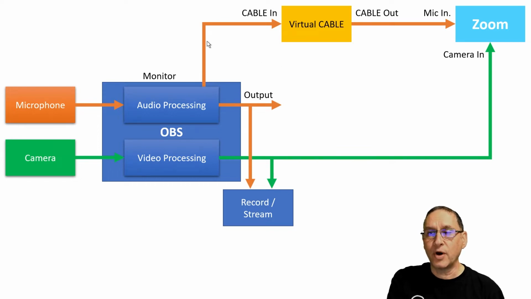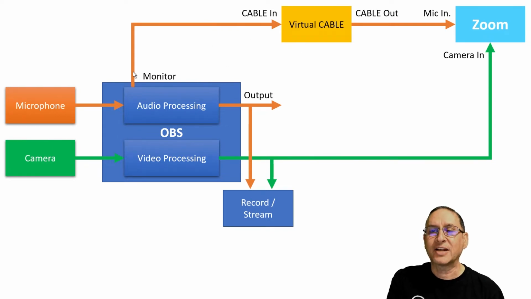However, this is where I thought that the audio is coming out of OBS and into virtual cable. This is what actually happens. It's really just a monitor. And being a monitor, what it means is that you are getting exactly what the microphone is putting. None of the processing is taking place.